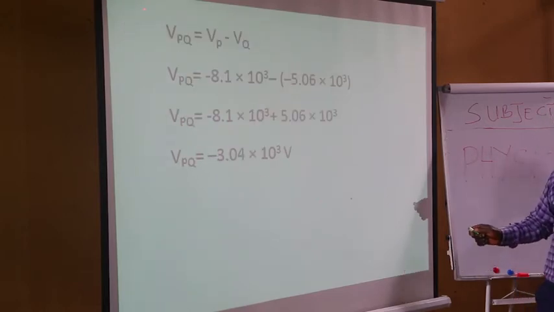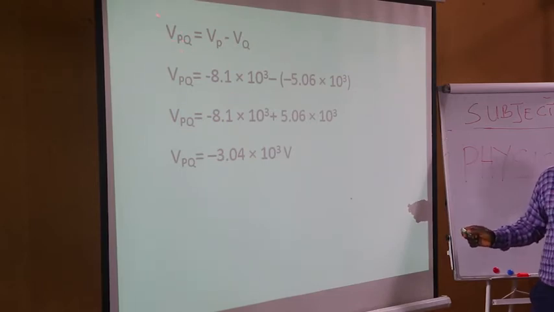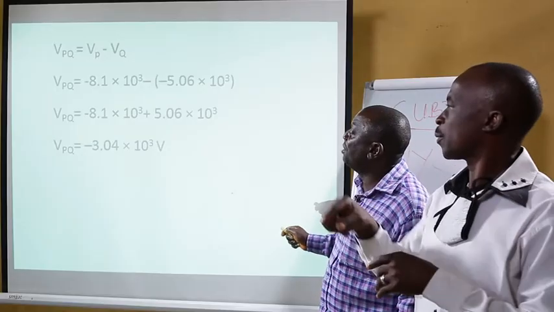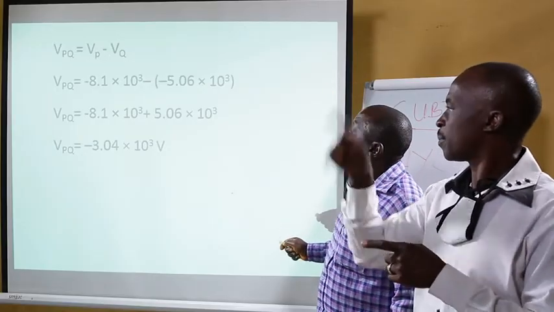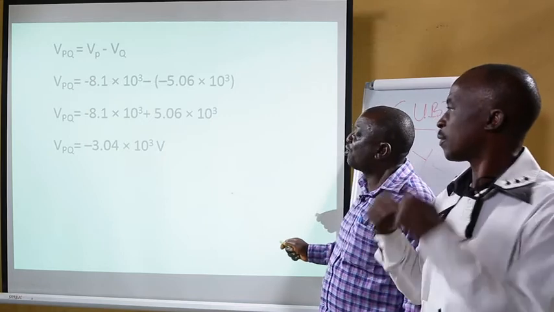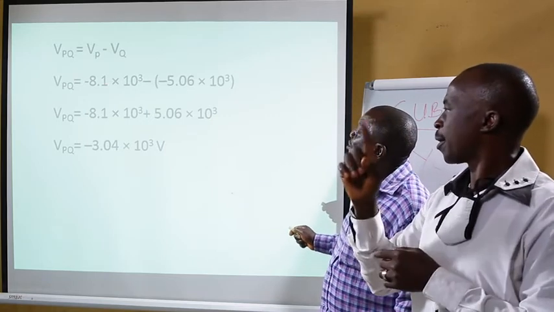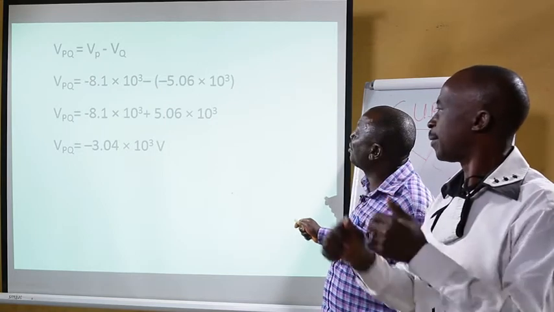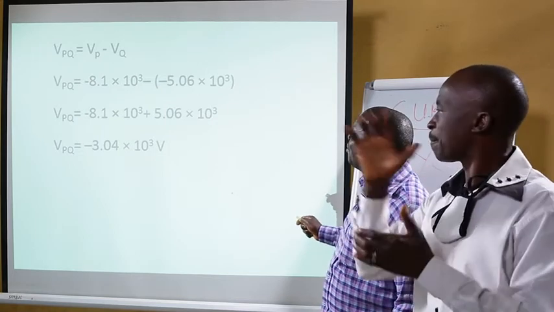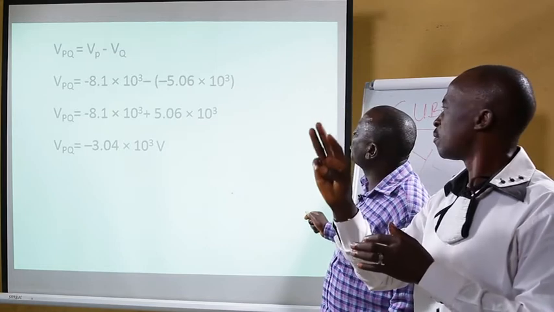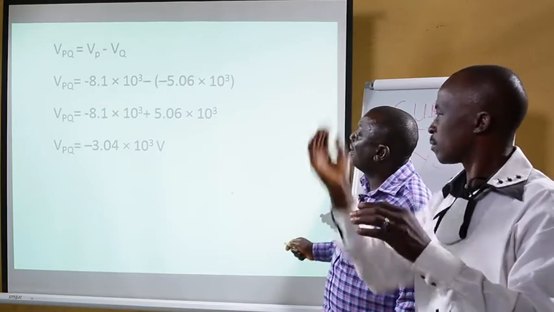Now our resultant, that means V_PQ, the potential difference between point P and point Q, will be equal to V_P minus V_Q. So we have V_PQ equal to minus 8.1 times 10 raised to the power 3 minus bracket minus 5.06 times 10 raised to the power 3.